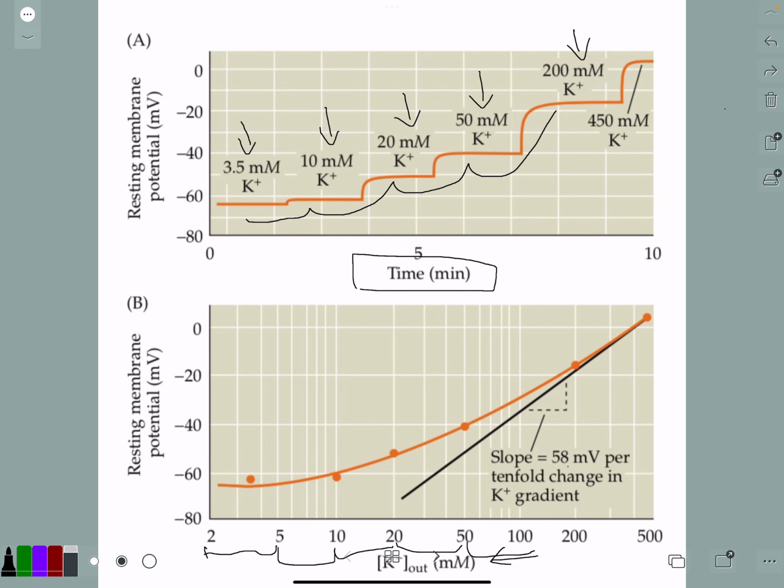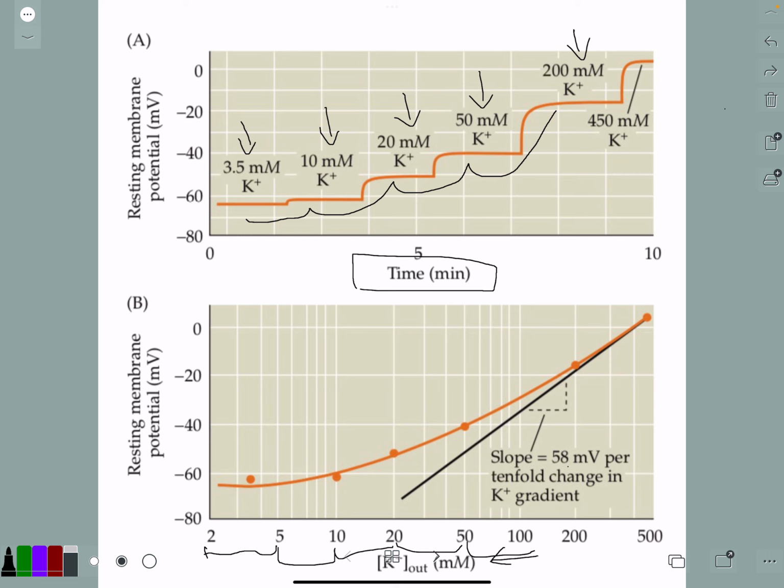Increasing the concentration of potassium every 10-fold should give us an increase of 58, because every 10-fold gives us an increase of 1 when you log it.